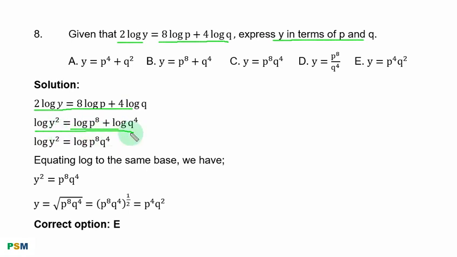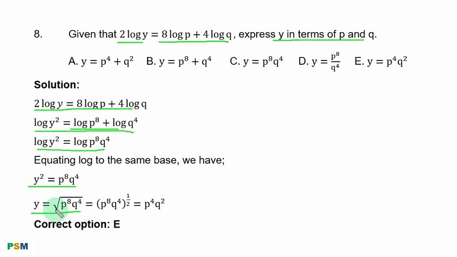So addition implies multiplication of the numbers. If you equate log to the same base, you have y squared equal to p power 8 times q power 4. To get y, take the square root of both sides.